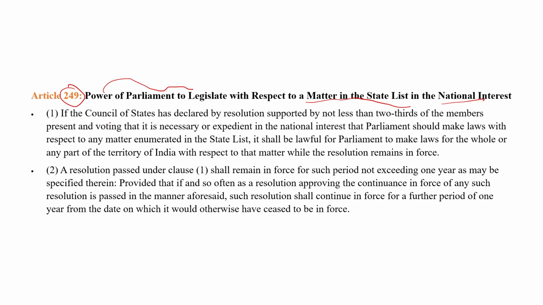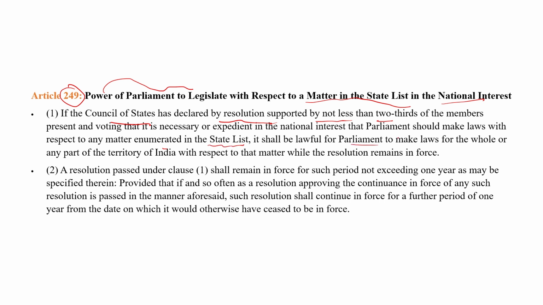So if the Council of States, meaning Rajya Sabha, has declared by resolution supported by not less than two-thirds of the members present and voting that it is necessary or expedient in the national interest that Parliament should make law with respect to any matter mentioned in the state list, it shall be lawful for Parliament.